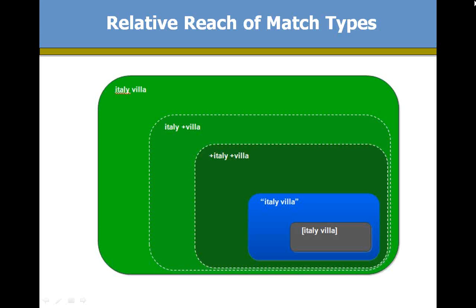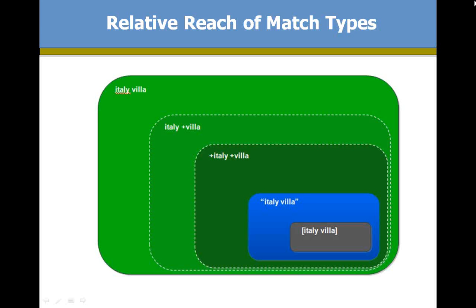So there can be words before or after, but Italy Villa needs to be exactly those two words together in that order. Going out further in terms of reach, you have the fully modified broad match of Italy Villa: plus sign Italy, plus sign Villa.